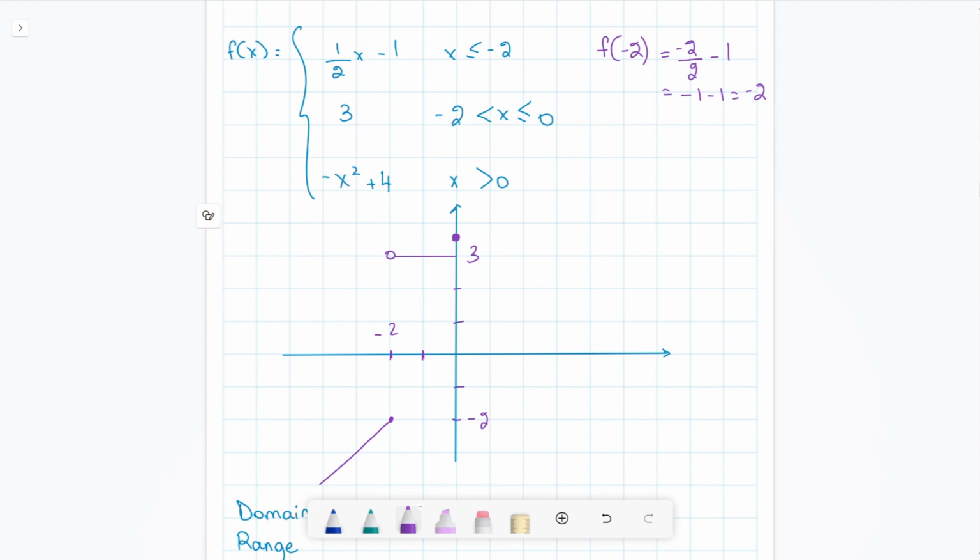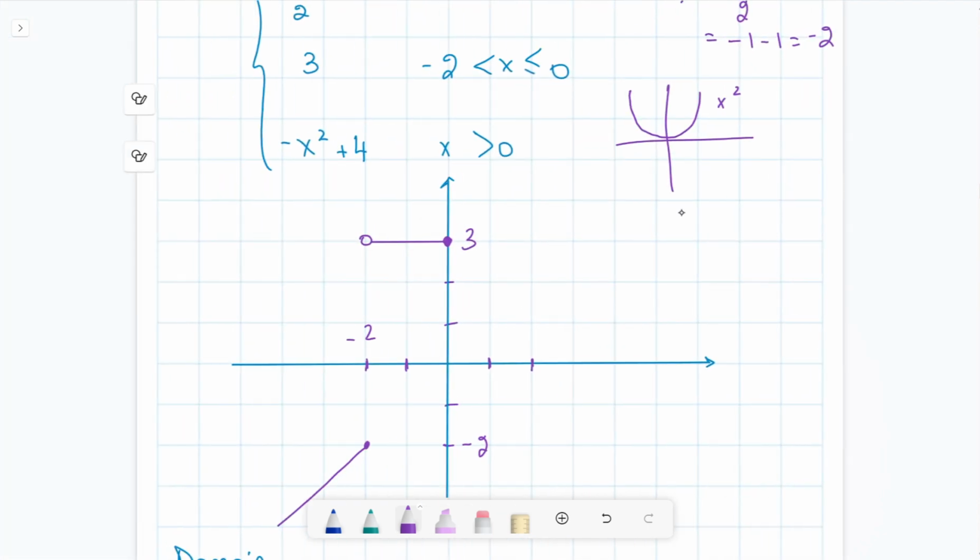Now let's continue graphing. When x is greater than 0, f of x equals negative x squared plus 4. So let's try to graph negative x squared plus 4 on its own. First, we learned earlier that x squared is this graph.